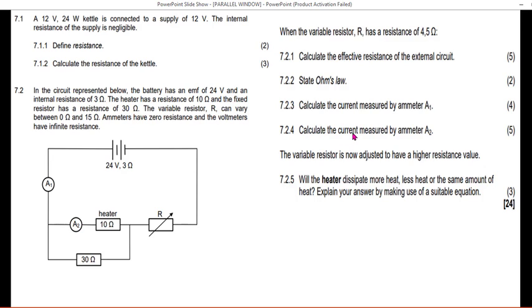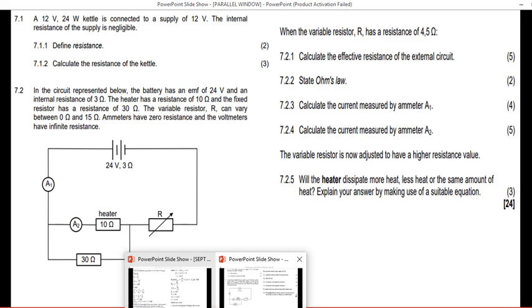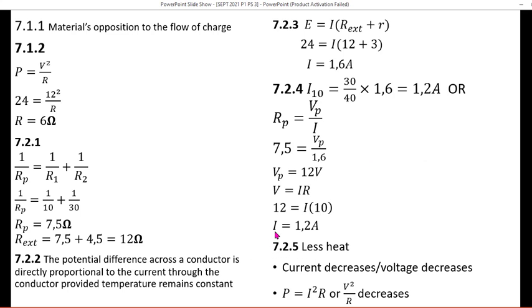Remember, to calculate the current measured by ammeter A2, when we divide through by 10, we get the current to be 1.2 amperes.